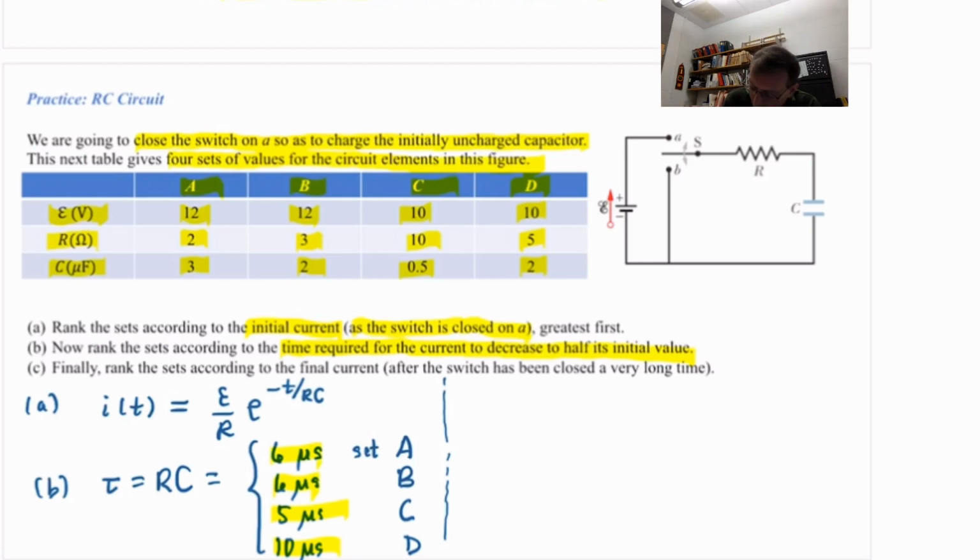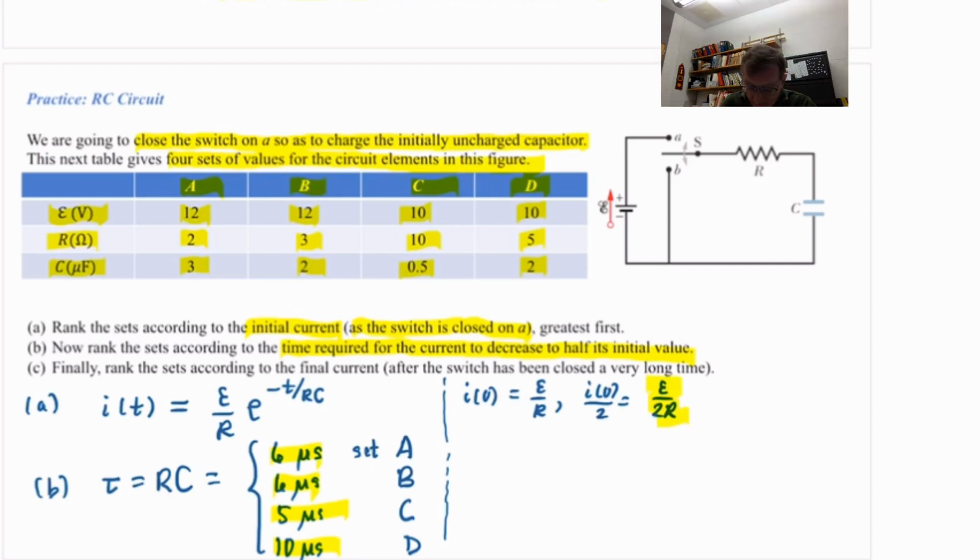We know what the initial current is, EMF over R. So, what's half of that? I initial over 2. E over 2R. The half-life is the time value when the current is that, E over 2R.